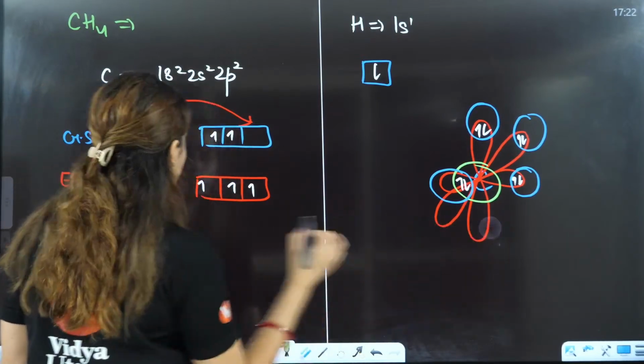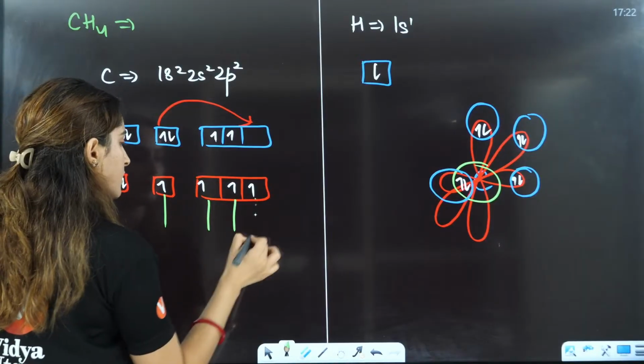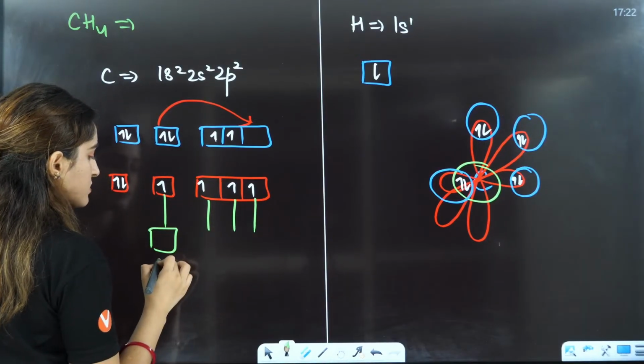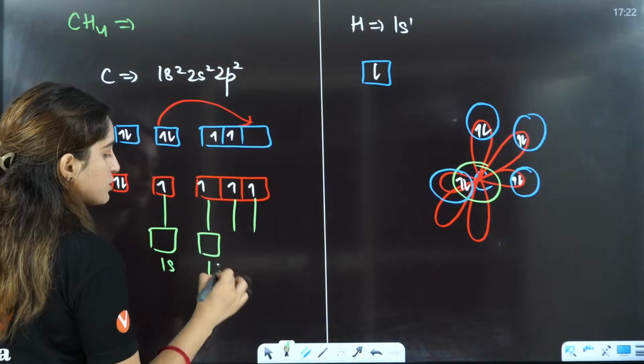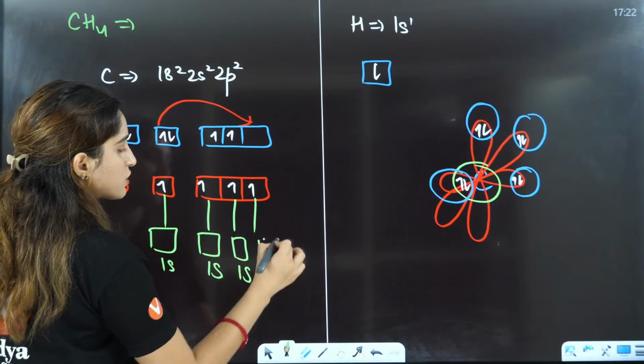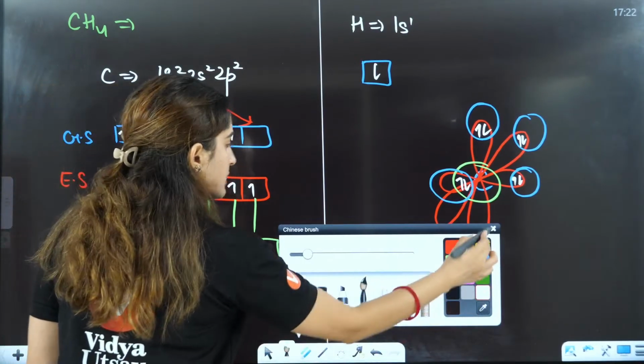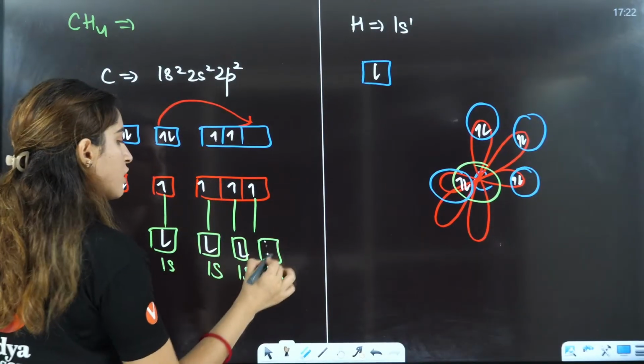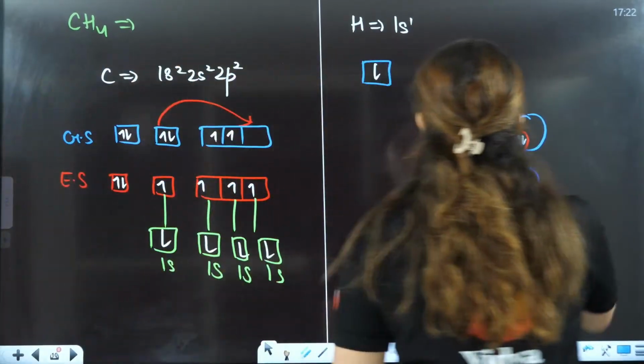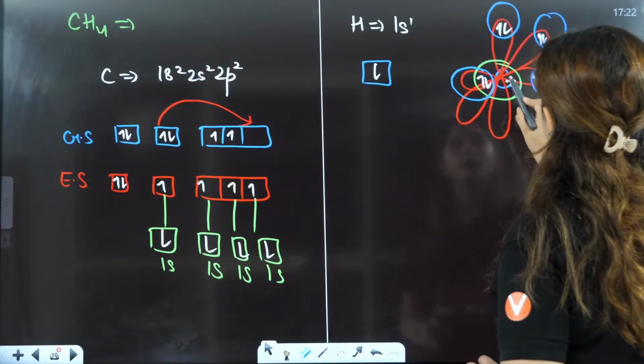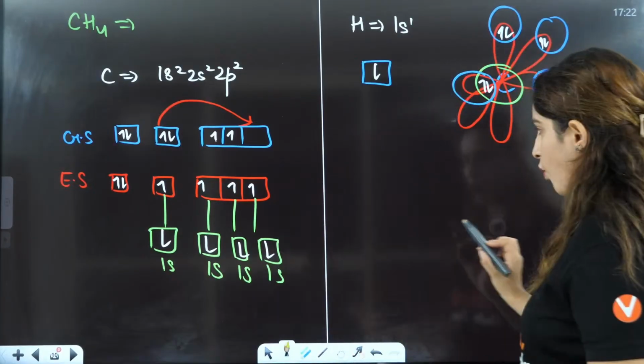It is going to make a bond, this with 1s of hydrogen, this with 1s of hydrogen, this with 1s of hydrogen, this with 1s of hydrogen, right? Okay. So can you tell me how many bonds in total it will have? It will have 4 bonds.